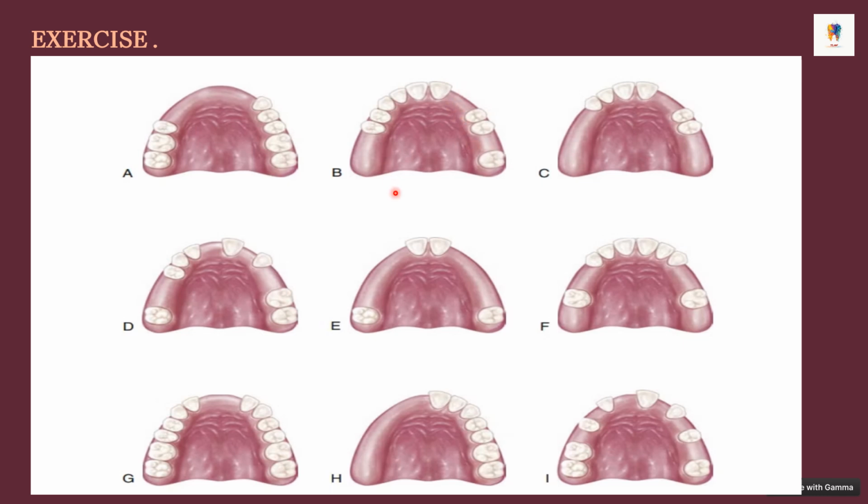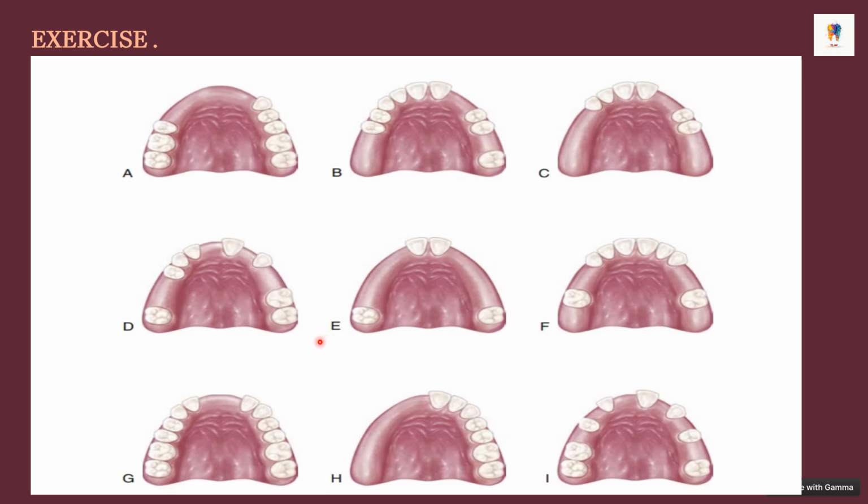So this is your Kennedy's class 2 mod 2. The modification area is called mod, and you identify the class. Then this is the third one, and which is the most posterior area? This, or this you may say. So this is your class 1 mod 2.